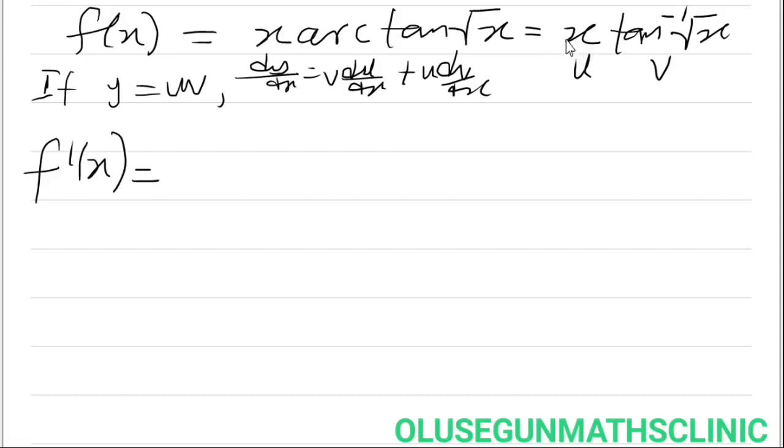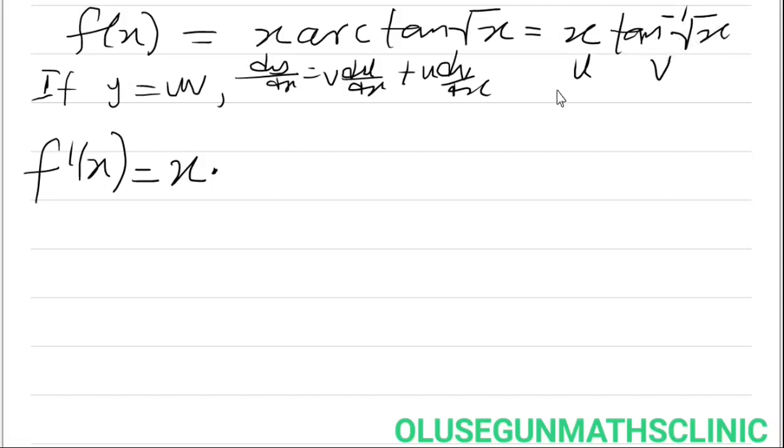You firstly leave the one and differentiate the other. So let's pick x for the first and differentiate arctan x. How do you differentiate arctan x? Before that, let me rewrite it, because root x is the same thing as x raised to the power half.